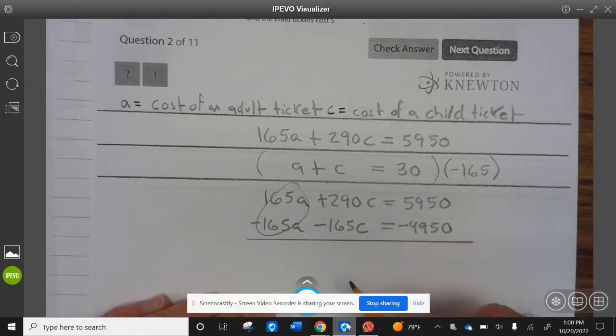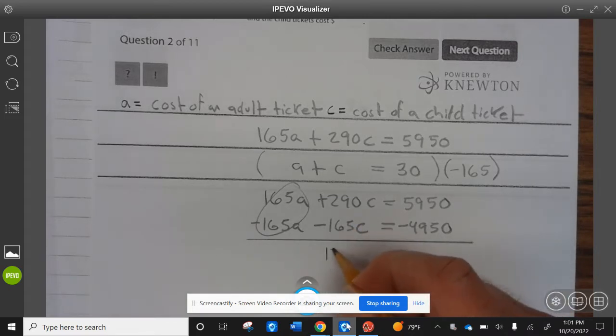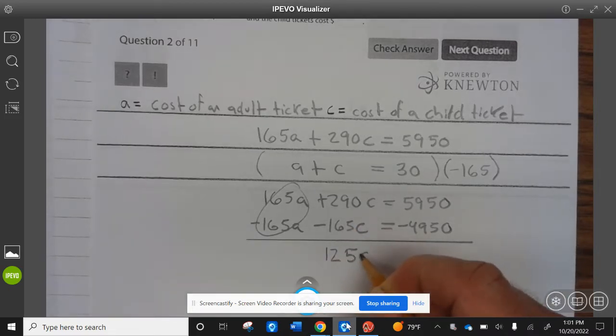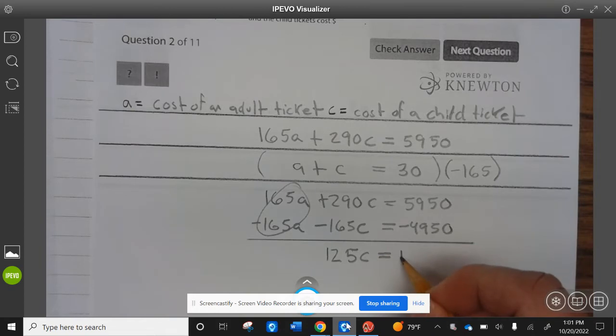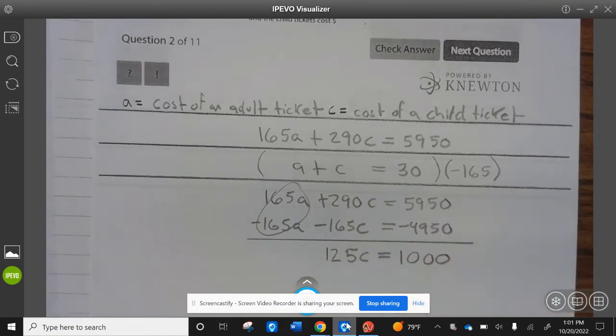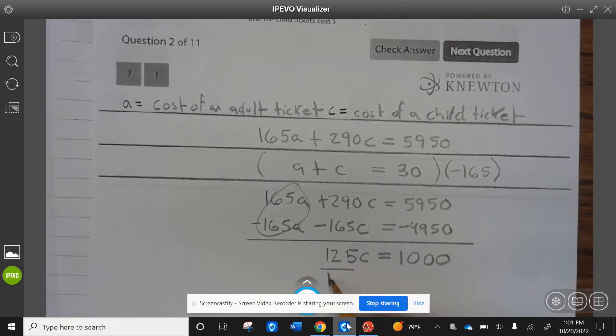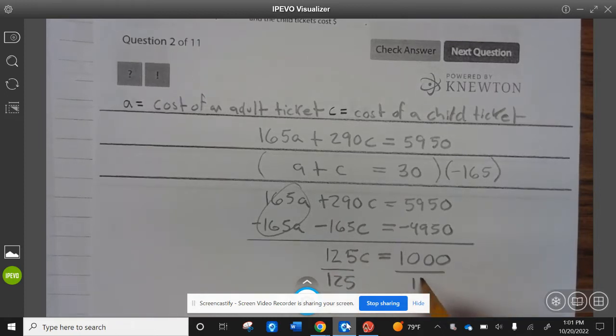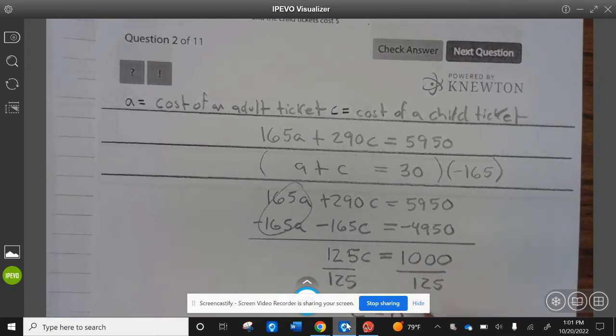You get 290 minus 165 is 125C equals, subtract, that becomes 1,000. Divide both sides by 125. So C equals 8.